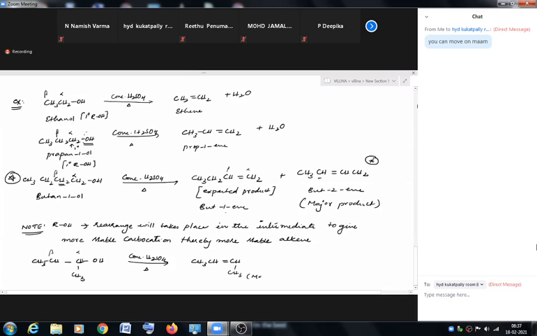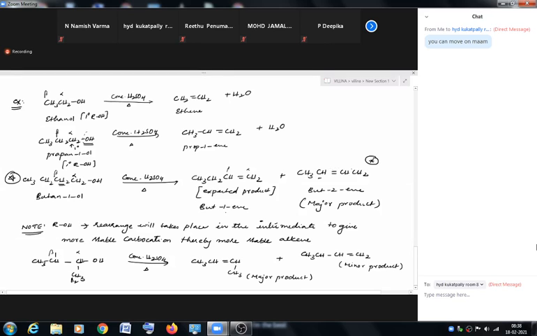Why? Because this is our more substituted alkene. Obviously, there is another possibility because this is beta 1, this is beta 2. You have one more beta 2 carbon. So if the beta 2 carbon is involved in the elimination process, we can also have CH3CH2CH=CH2. But this will be our minor product because this is not the most substituted alkene.